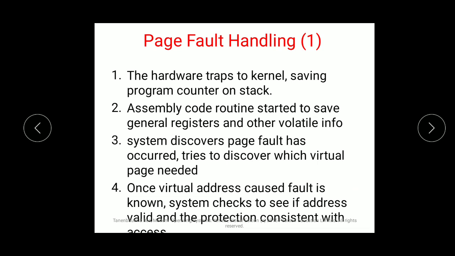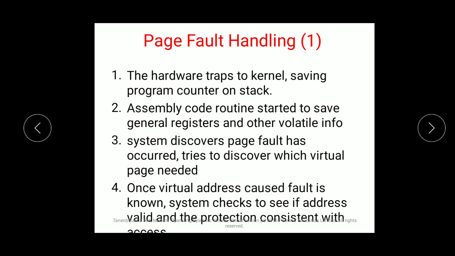So the hardware traps to the kernel, saving the program counter on the stack, that is on a temporary memory. The assembly code routine is started to save general registers, normal registers, and other volatile information of that particular program. The system discovers the page fault, and tries to discover which virtual page is needed.